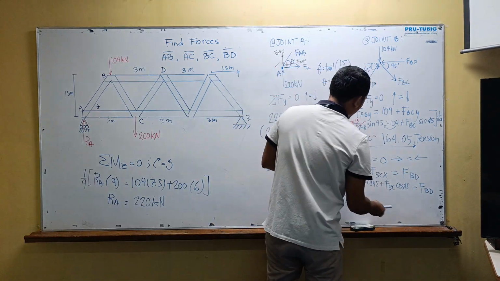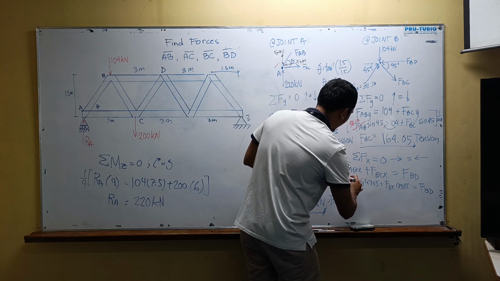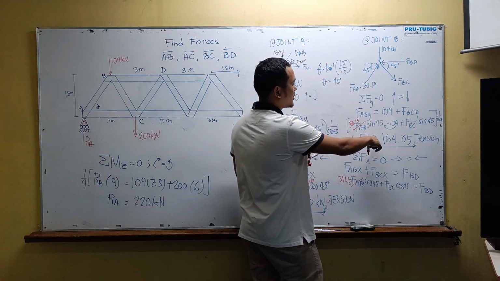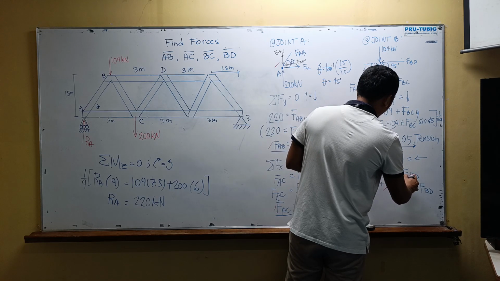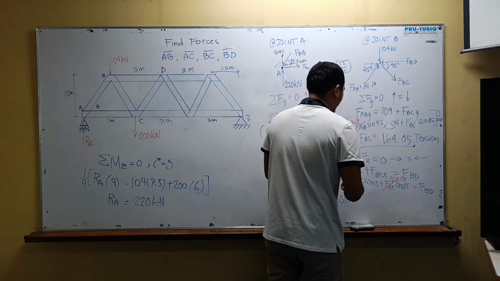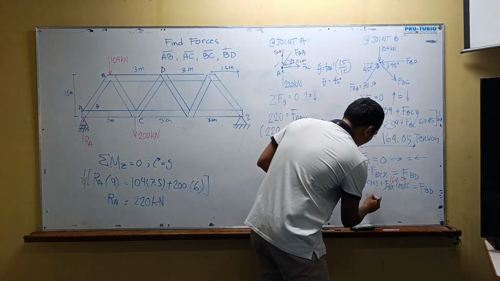So remember that we already solved FAB earlier. That's 311.30, and FBC has already been solved just now. That's 164.05. So if you plug those in your calculators, you will get FBD.